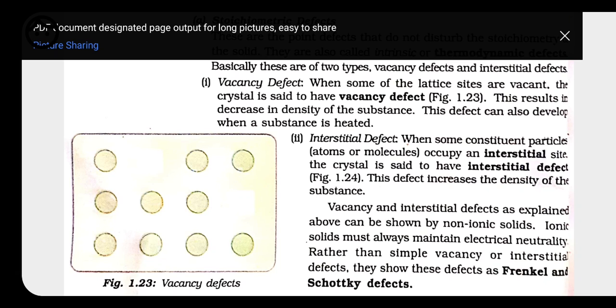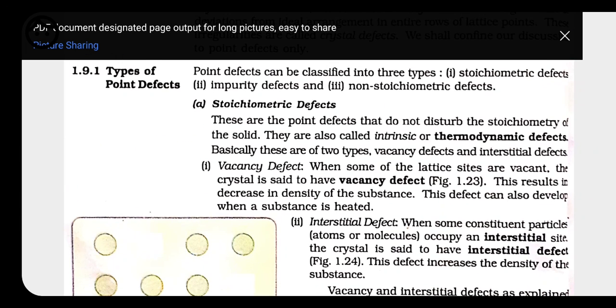So if any irregularity is found at any particular point, at any atom or ion, this type of defect is called point defect. But if the defect is found in a full row or in a full column, then it is called line defect. Okay. So first we will continue with the point defect.